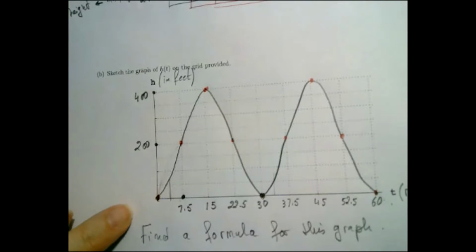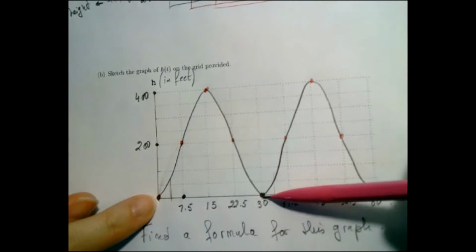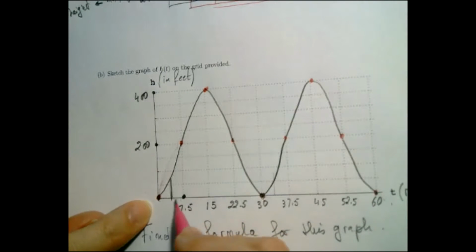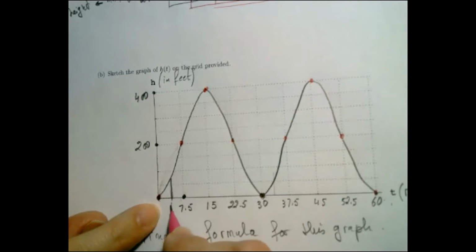Now, what characterizes this graph? What characterizes this graph is that the output values are repeating themselves. What do I mean by repeating themselves? It means the value at, let us say, 4 minutes.